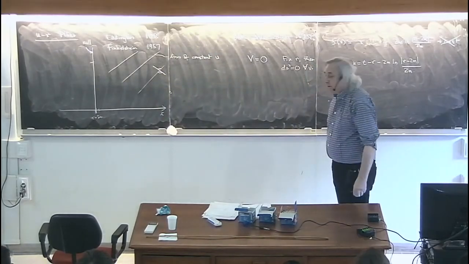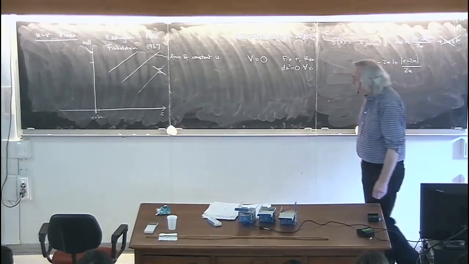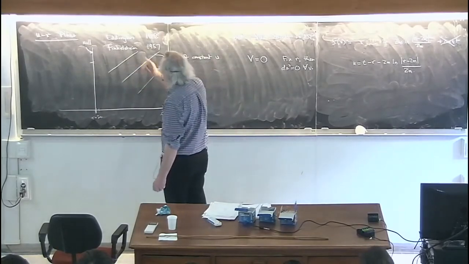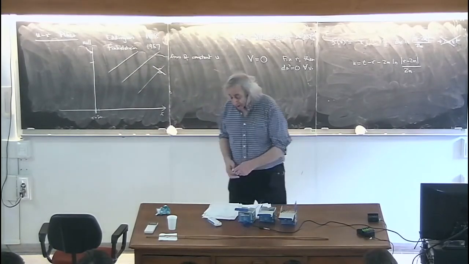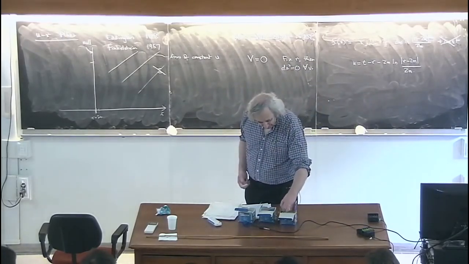You also know that lines of constant u are null. So these are light rays going out in this direction. Let's draw lines of constant r in this picture. Lines of constant r we should probably put in a different color so that we can actually see it.